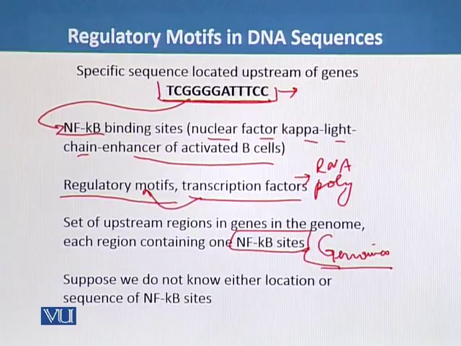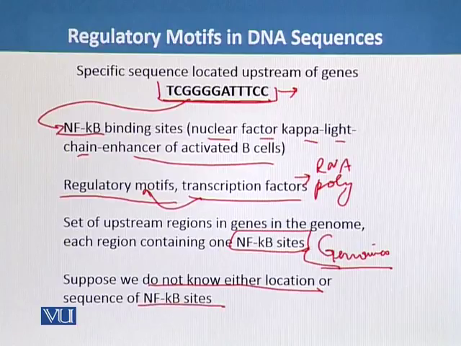But in our case, we suppose that we do not know either the location or the sequence of these NFKB sites, and we have to find this by using some method or algorithm, using certain computational approaches.